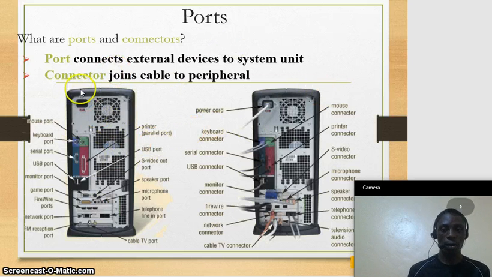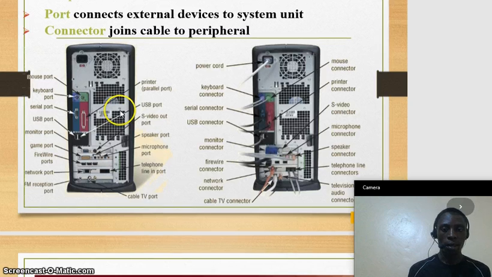Now the ports of the desktop computer. We're saying what are ports and connectors. Ports, we have discussed them on the other slide, but these are different ports behind the desktop computer. There are very many ports there, and they have their connectors that fit in them.